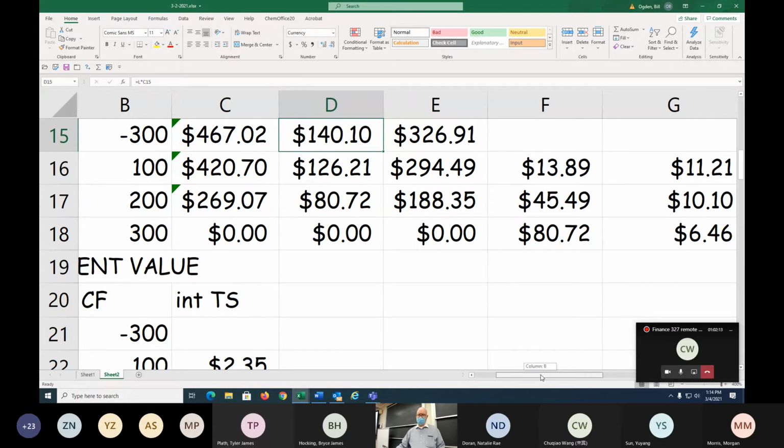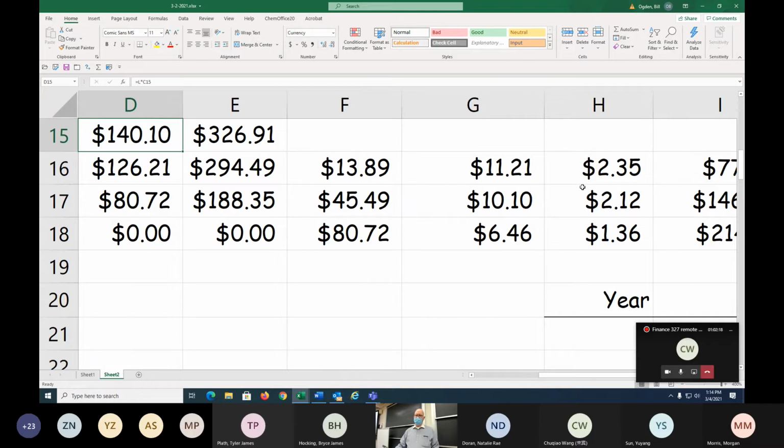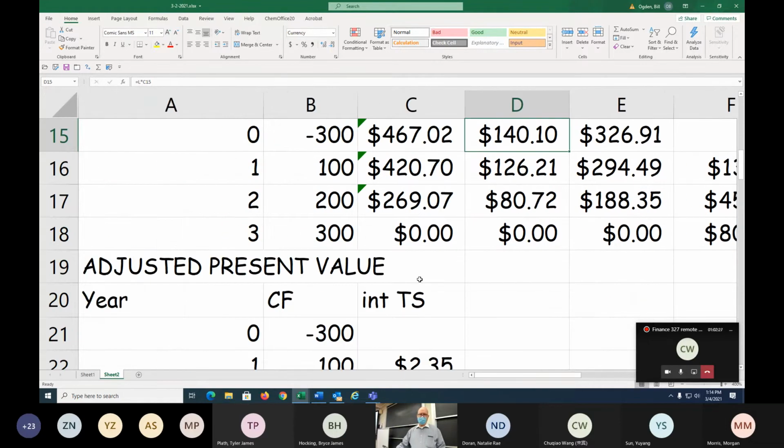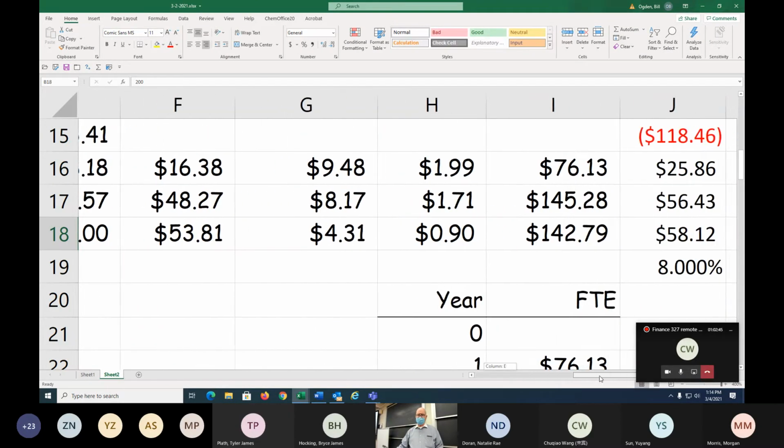Okay, so what have I done so far? Then let's do one more. How did we find the tax shield? We multiplied the interest by another constant. Just a value, right? So in other words, we started with value and just kept multiplying by different constants to get these different values, didn't we? And we showed earlier that if I were to change this cash flow to 200, for example, and I hit enter, then all these tax shields just changed.